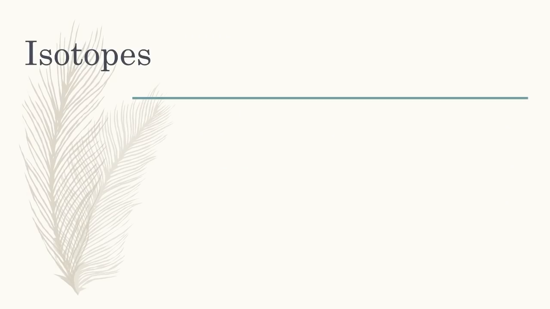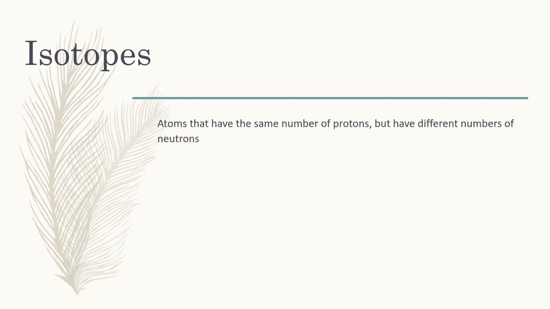Now, I mentioned previously that the atomic masses aren't necessarily even. Atoms that have the same number of protons but a different number of neutrons are called isotopes.